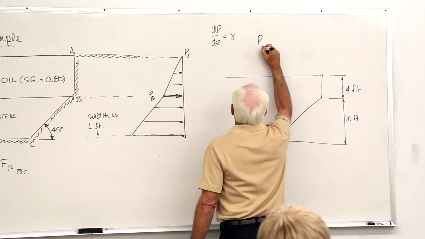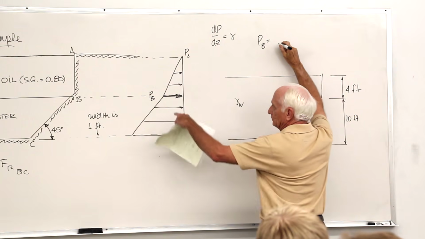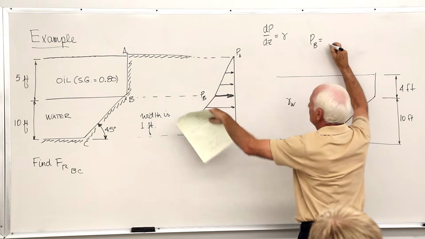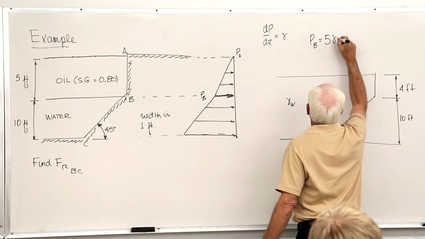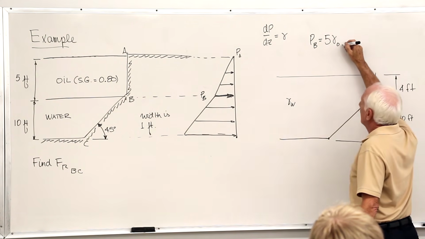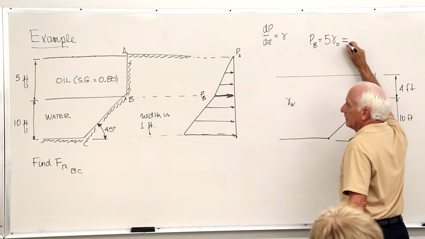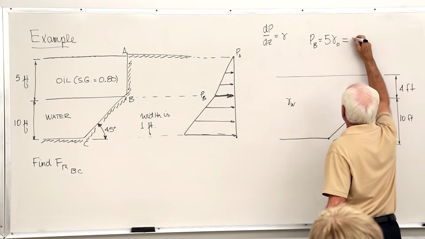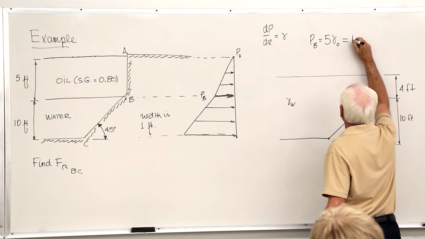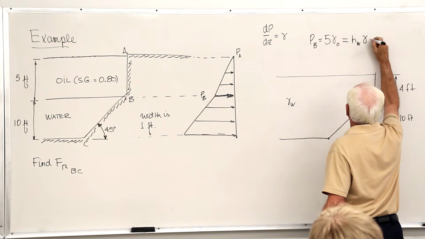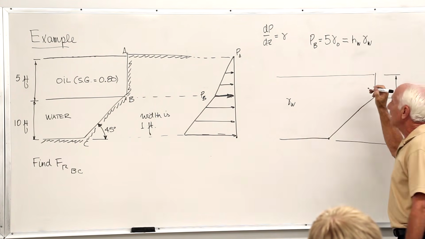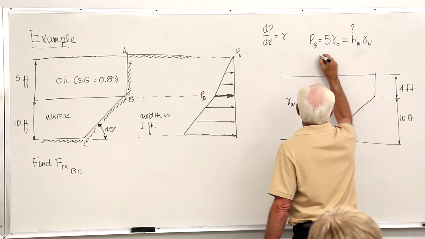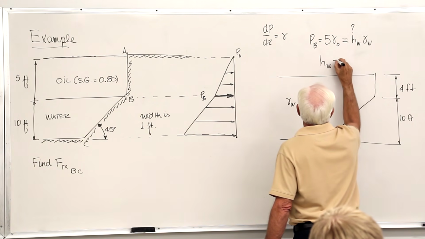The pressure at B equals 5 feet of oil times gamma oil. That's also equal to how thick a layer of water, we call that H of water, times gamma of water. I don't know this guy. Solve for him, the depth of the water to replace the oil.